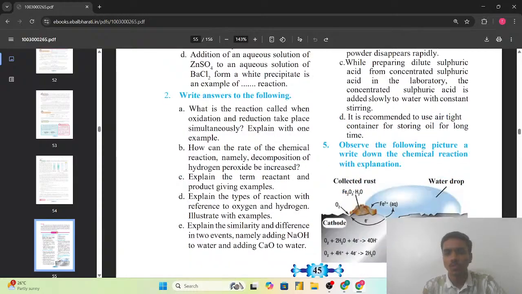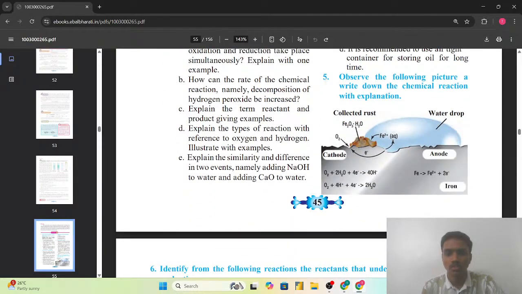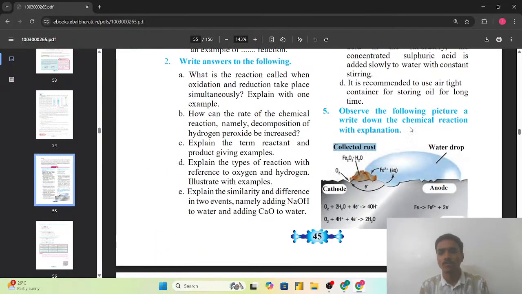And one more thing, here is one question which many of the students ignore. Here a diagram is given regarding the collected rust, water drop, and some cathode and anode reactions. So please try to also remember all these types of reactions.